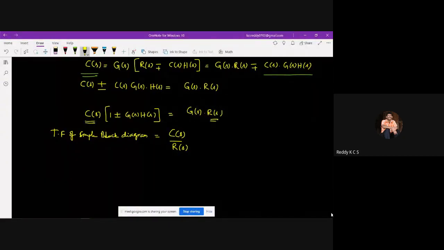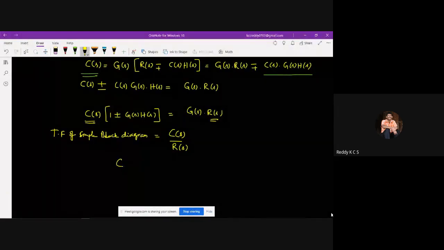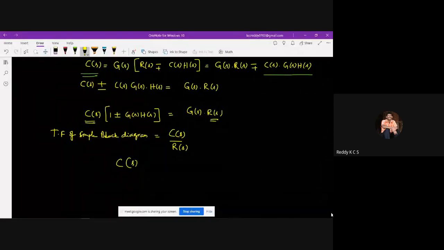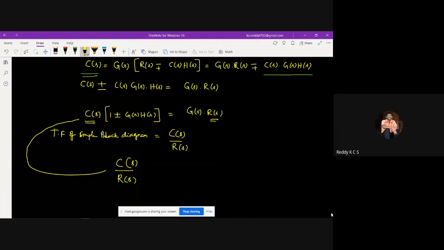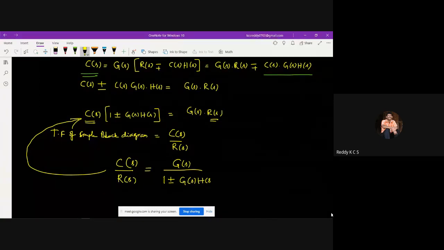So R of s can be taken to the left hand side, and this term taken to the right hand side. From the above equation, C of s by R of s is equal to G of s by 1 plus or minus G of s into H of s.